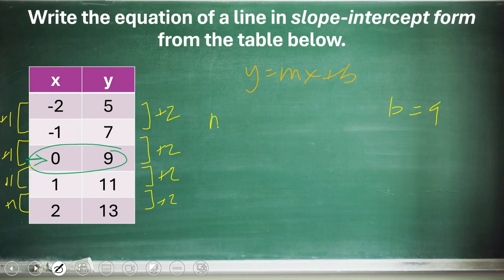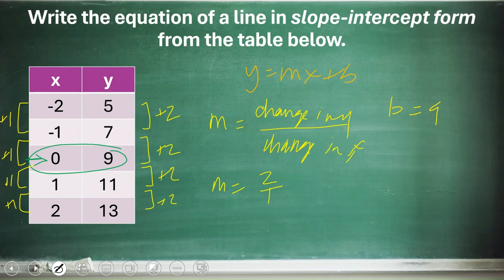So slope, we often think of as rise over run, or the change in y divided by the change in x. And by that explanation, we know that my change in y is +2 and my change in x is +1.